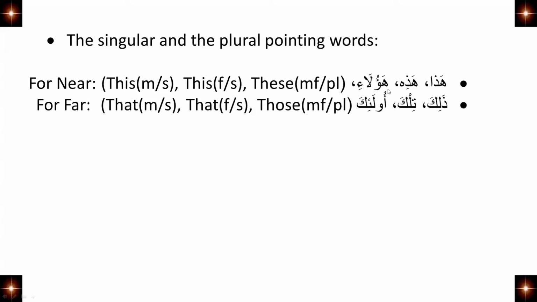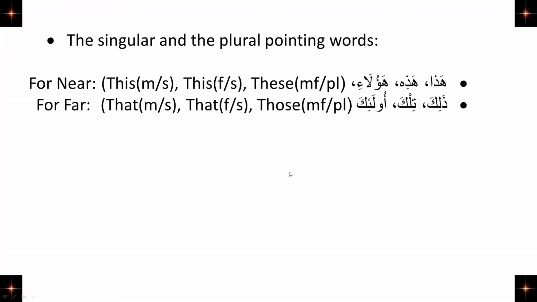These are demonstrative pronouns. Hada, hazihi, haulai is when something is near. Dhalika, tilka, ulaika is when things are far, and they are in the singular, dual, and plural respectively.